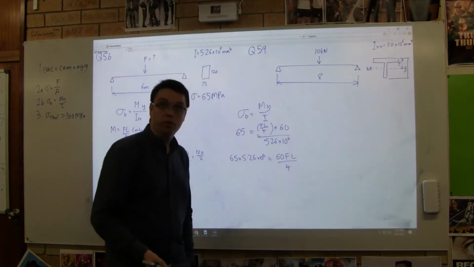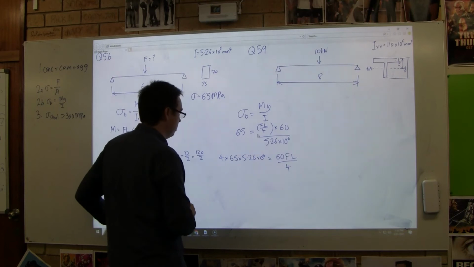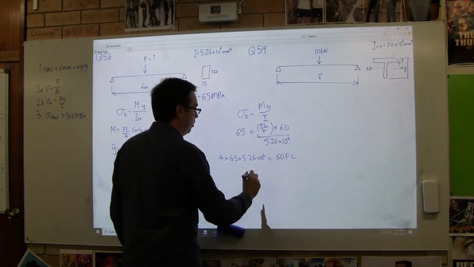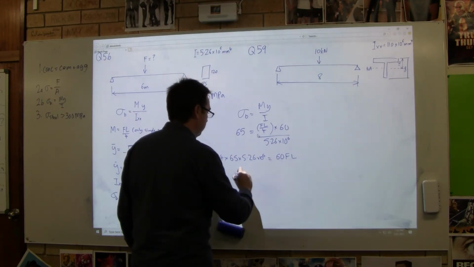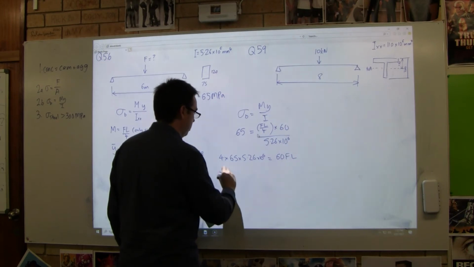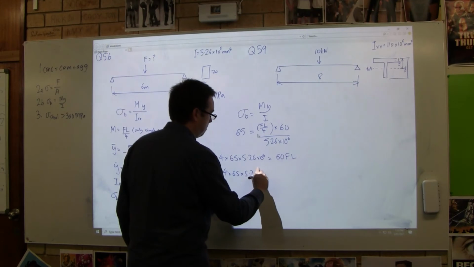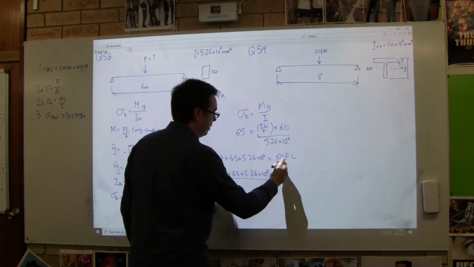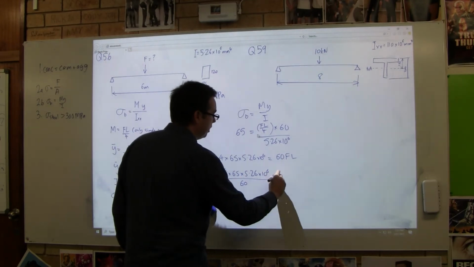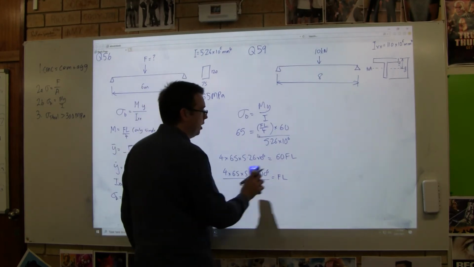So to get rid of the 4, we multiply that over here. Then to get rid of the 60, we divide both sides by 60. So this side divided by 60 equals FL. And then to get rid of the L, we can substitute in the L, right?